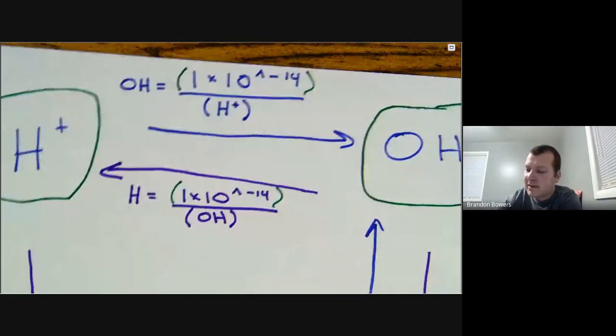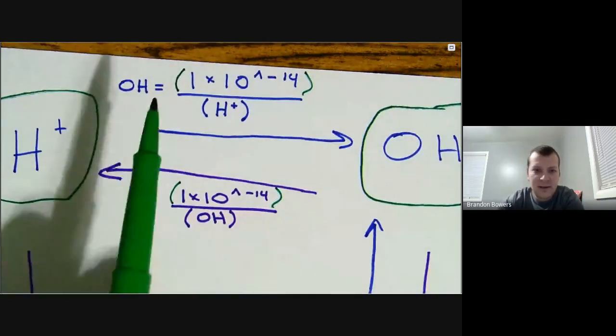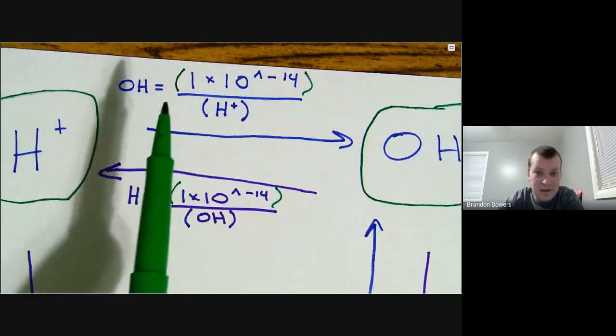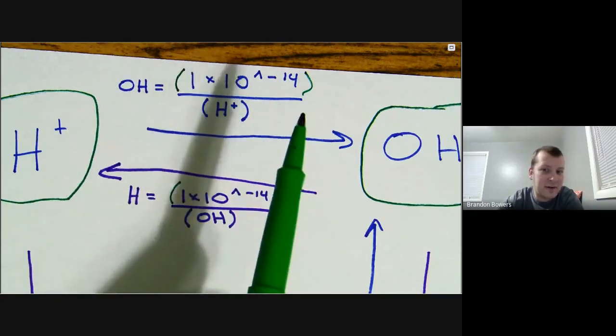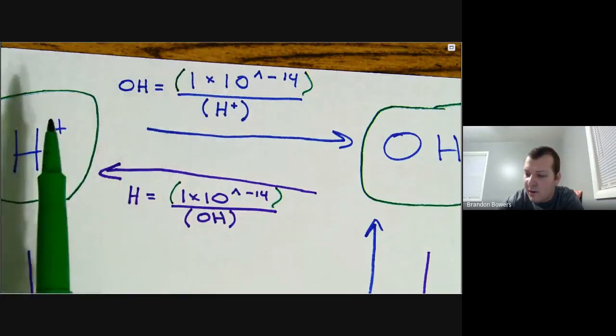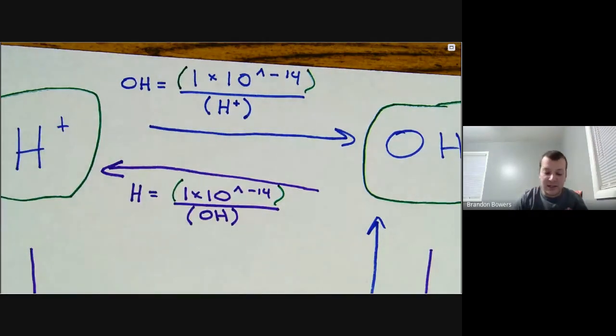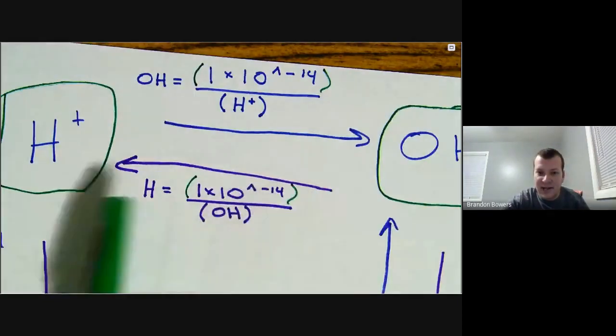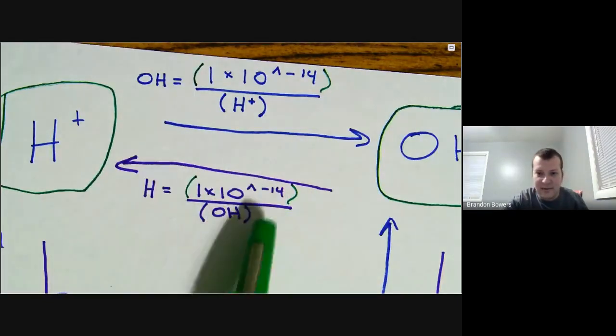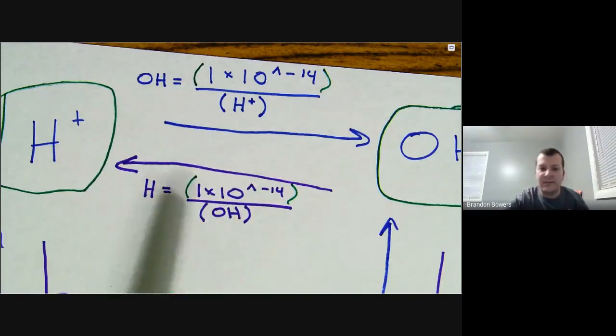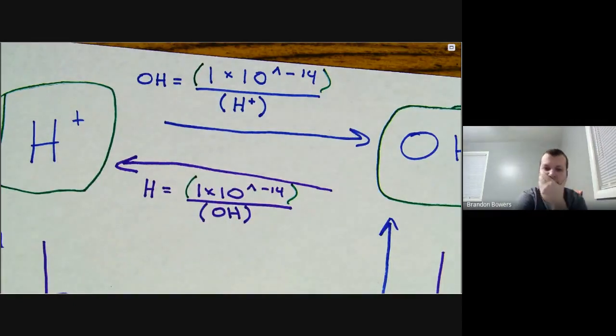So the OH- is equal to parenthesis 1 times 10 to the negative 14th power, parenthesis, over parenthesis whatever your hydrogen concentration is. That's if you're going to the right. If you're going to the left, you're going to use this equation going down or going to the left. Take a minute to write those down.